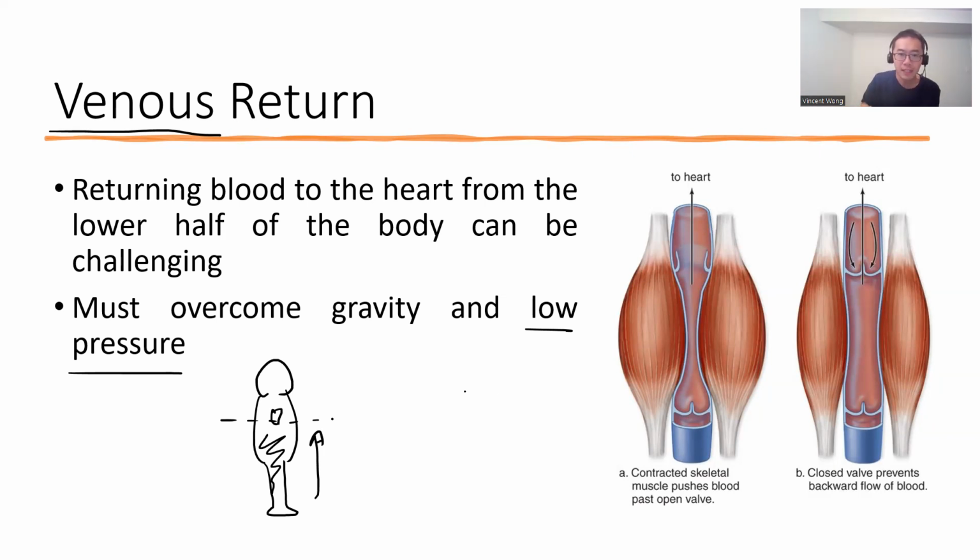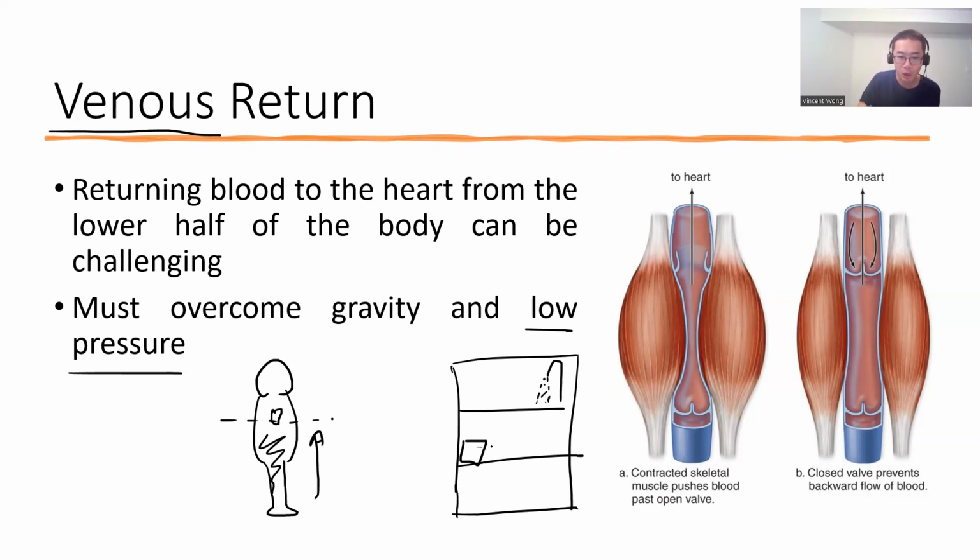Now, if you live in a house, you might have had this experience before. Let's say this is the main floor, and then this is the top floor. When you try to take a shower at the top floor, and then you are doing the laundry at the same time, then the pressure from the faucet might drop, right?